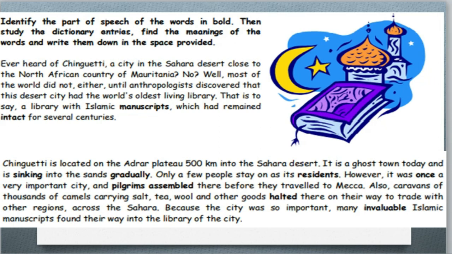Because the city was so important, many invaluable Islamic manuscripts found their way into the library of the city. Here, if you look at the structure, many invaluable Islamic manuscripts, I can see a quantifier many, I can see Islamic as an adjective, and I see manuscripts as a noun.